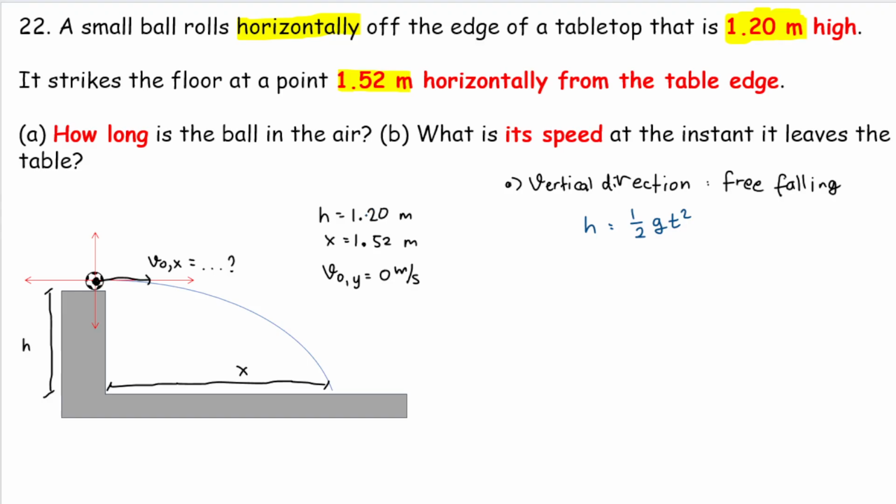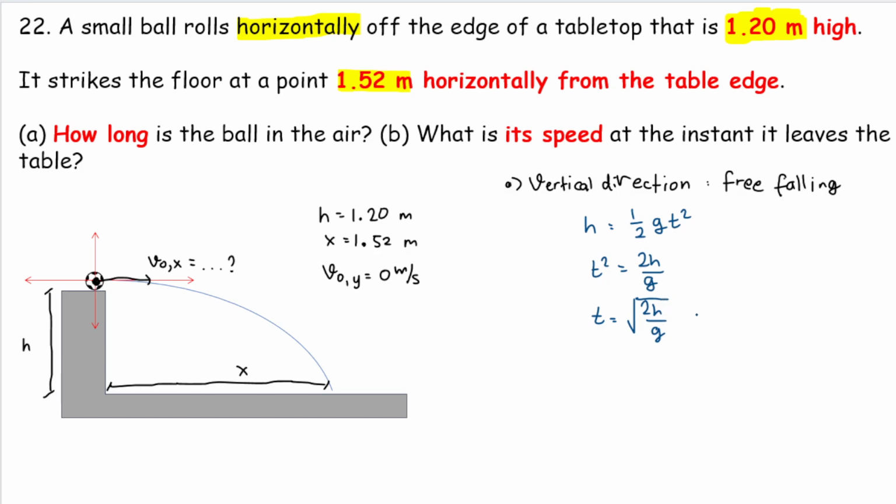We are given that height, and we also know the gravity, so we need to find out the time. Okay, let's rearrange for time. So t squared is equal to 2h divided by g, and t is the square root of 2h divided by g.